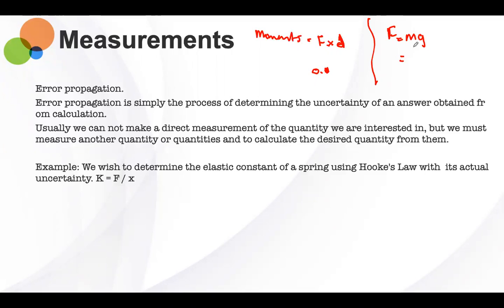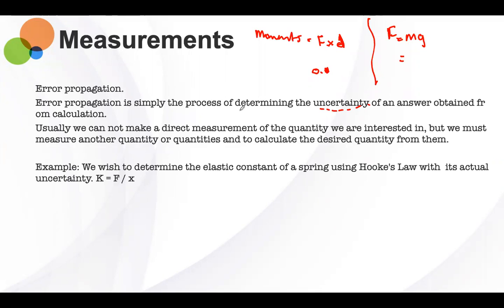So we use a top pan balance and we found the weight, or the force exerted for the moment. Now we need the uncertainty to present in our answer, right? So we have to use error propagation to determine the uncertainty of the final answer of moments, right?